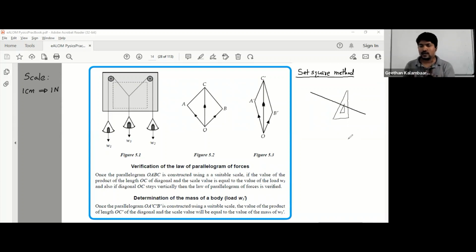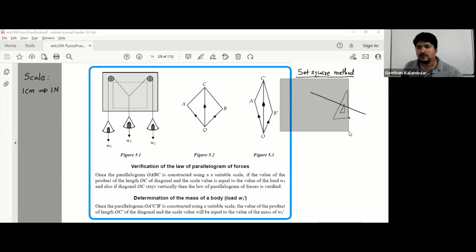Slightly, it is not going to push the string. From that you can mark the point just below the string on the sheet.